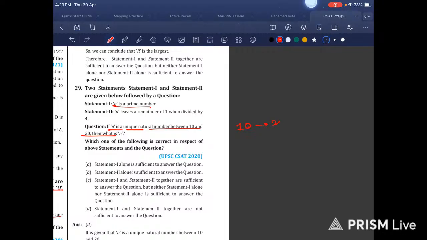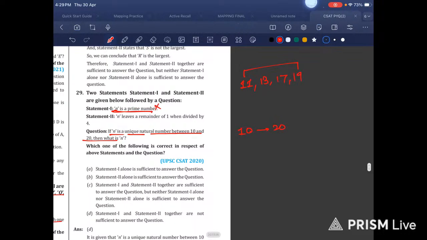Prime numbers between 10 and 20 are 11, 13, 17, 19. These 4 numbers are prime numbers. So this statement alone is not able to answer correctly.